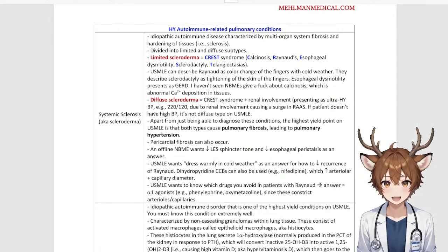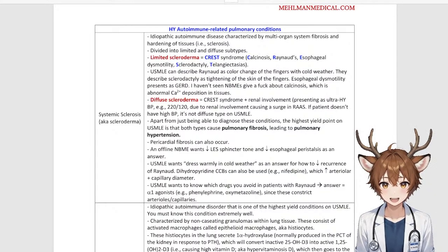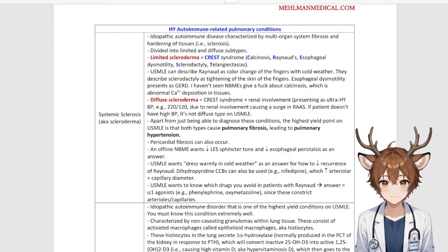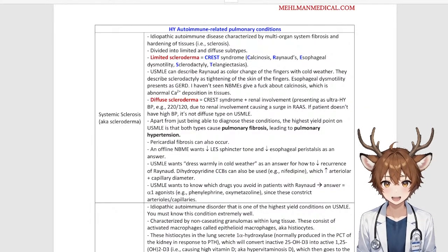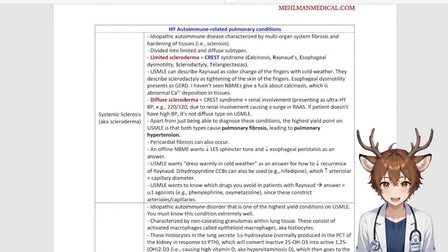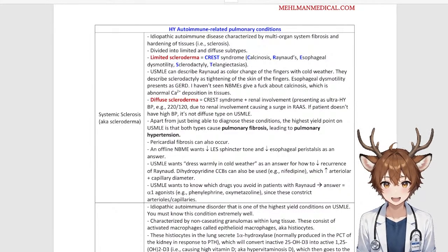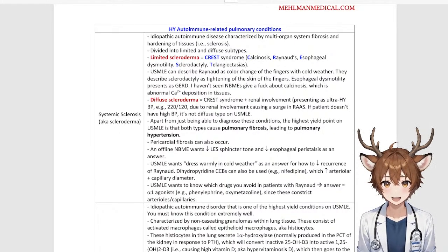Limited scleroderma equals CREST syndrome: calcinosis, Raynaud's, esophageal dysmotility, sclerodactyly, and telangiectasias. USMLE can describe Raynaud as color change of the fingers with cold weather. They describe sclerodactyly as tightening of the skin on the fingers, and esophageal dysmotility presents as GERD. I haven't seen NBME care about calcinosis, which is abnormal calcium deposition in tissues.